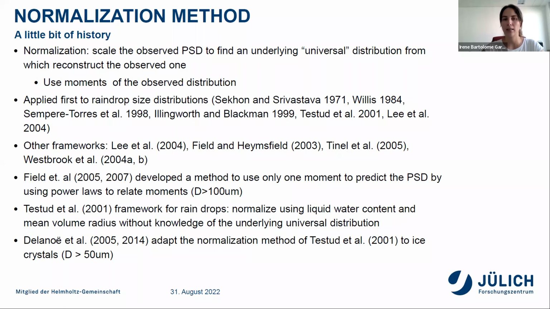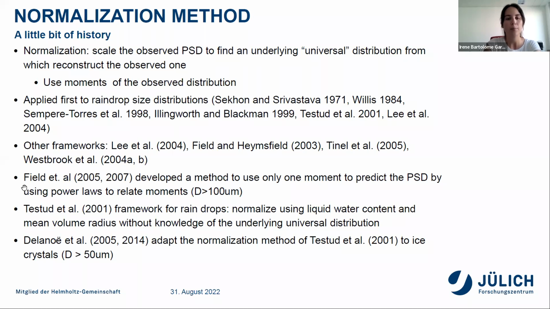And the way of scaling the PSDs is by using moments of the observed distribution. This normalization method was first applied to raindrop size distributions, and typically one needed to assume a shape for the distribution. Here I also write some other frameworks.